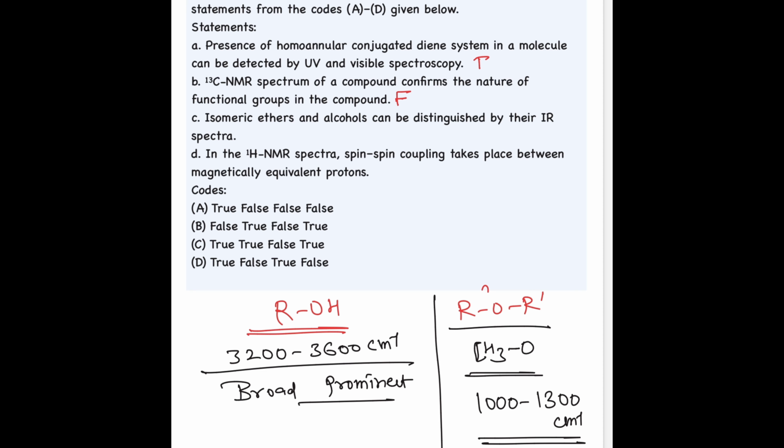That will show in case of isomeric ether. So they can be distinguished by using IR spectra.